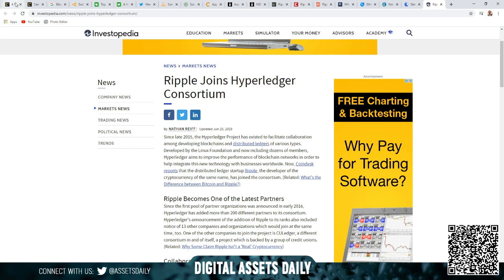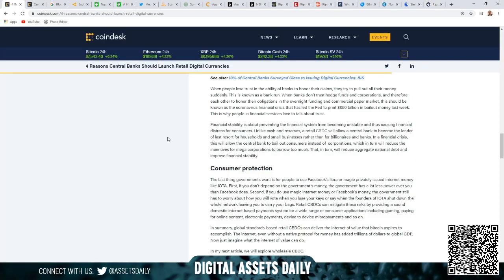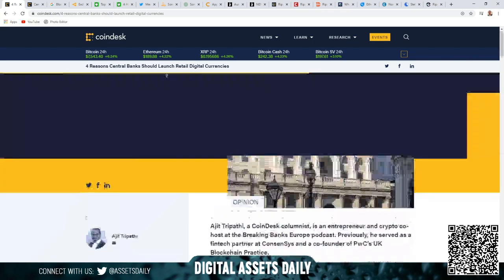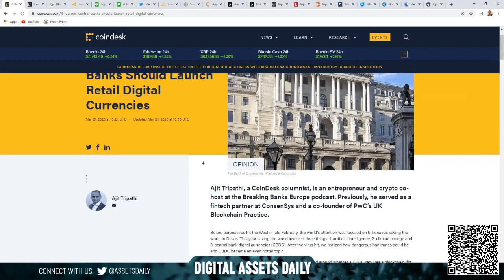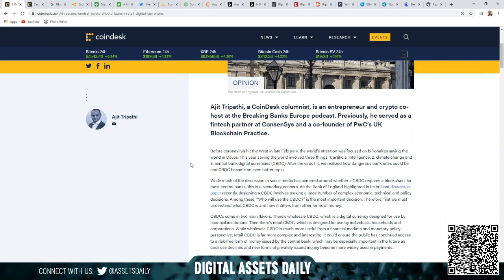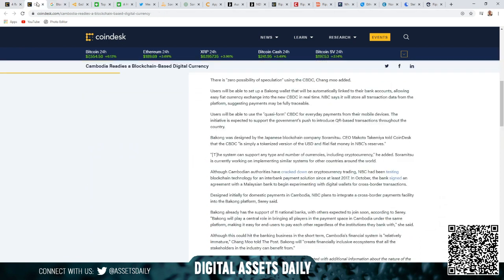And as we scroll back to the beginning here, we have the retail digital currencies, and they are running off of the Bakong designed Soramitsu. And what did we find as we went into Soramitsu? The guy that also designed NEM. NEM partnered back up with Ripple, and as we got into the Europe blockchain, we found Ripple and Stellar.